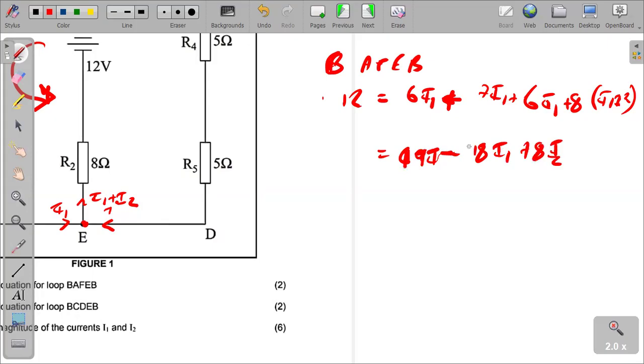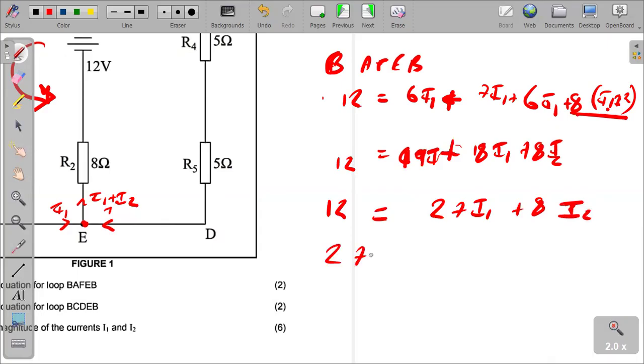Simplifying the bracket, 8 times I1 is 8I1, 8 times I2 is 8I2. So 12 is equal to 19 plus 8, that's 27I1, plus 8I2. So 27I1 plus 8I2 is equal to 12. That marks the equation the examiner was asking for.